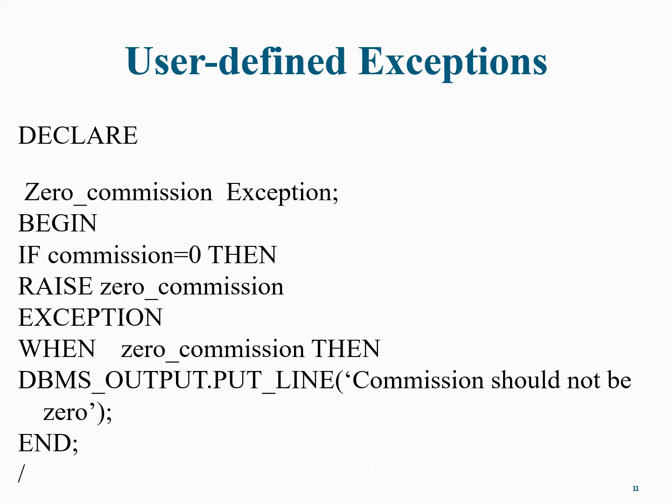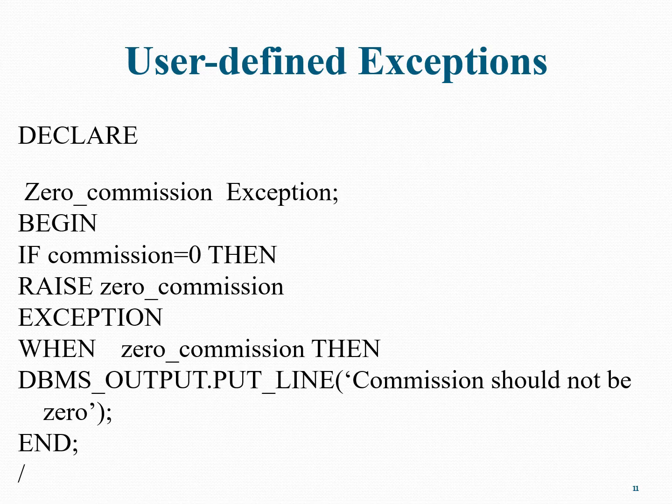In this example, we are trying to create an exception with the name zero commission. For example, we want the value of a commission to be non-zero. If the value of the commission is 0, in that case the exception zero commission is raised, and the exception handling code will be executed according to that particular exception.